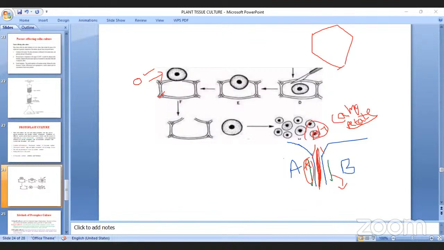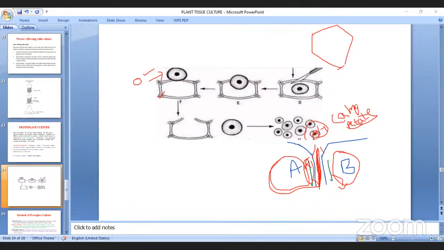This entire content is called the protoplast. What is next to the cell wall? The plasma membrane and further components, that is totally considered as the protoplast. Now here is the A cell protoplast, and the B cell protoplast.